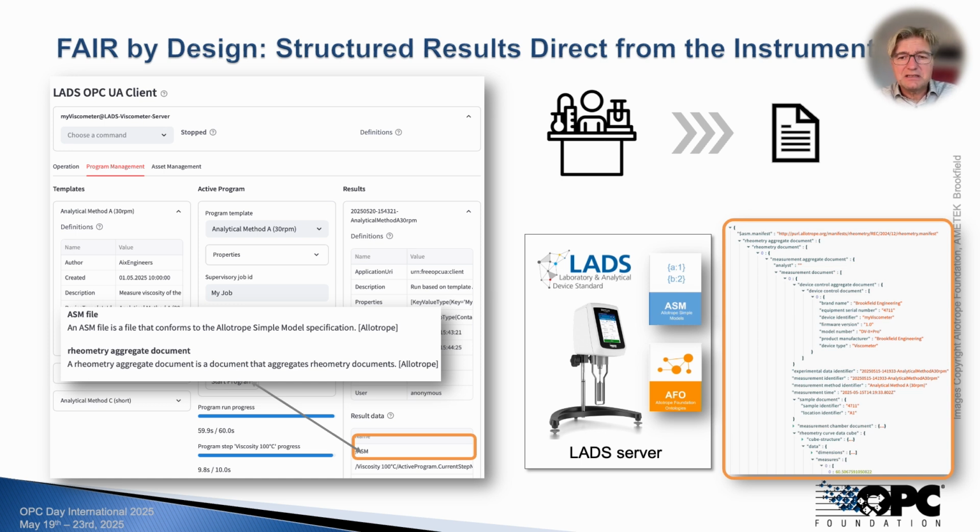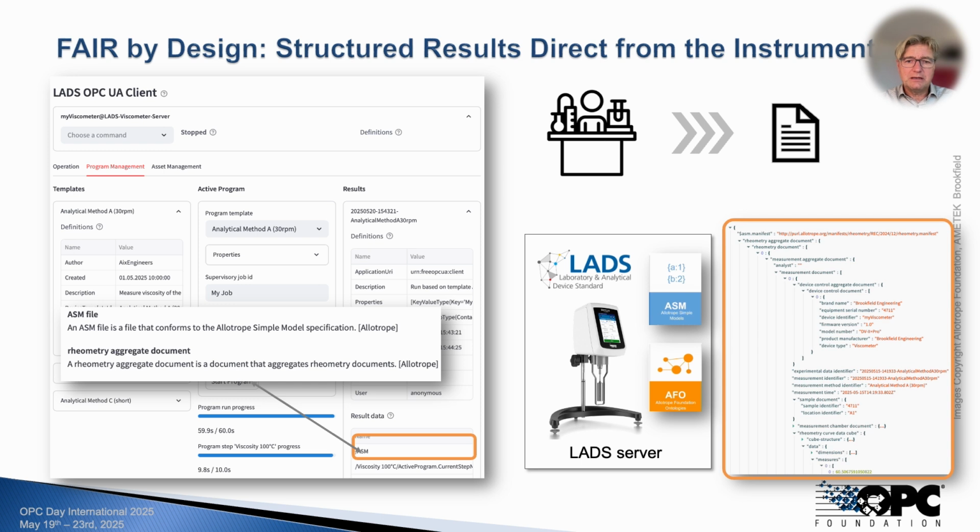It's embedded directly in the OPC UA server in two ways. One, as an OPC variable named ASM containing the full ASM.json result, and two, as a downloadable file provided via OPC UA's standard file type mechanism in the file set. Everything is interconnected through Allotrope Foundation ontologies labeling, creating a single, coherent, machine-readable data infrastructure. That is what we mean when we say FAIR by design.